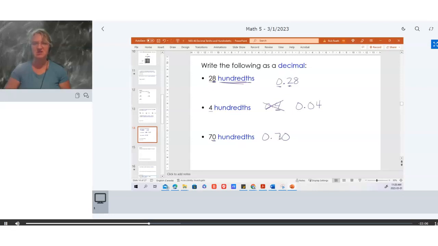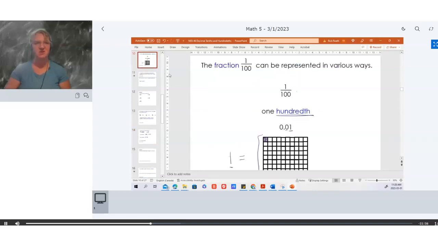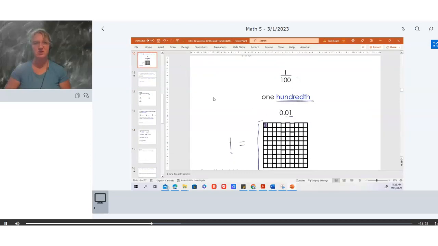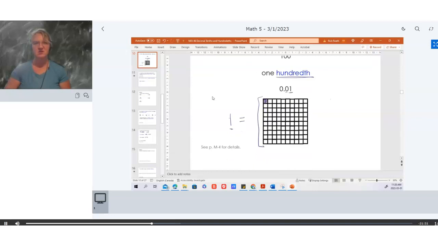Think about what it is. Think about how many of those tiny squares would be colored in. Here, 70 of the tiny squares. If we had a square like this, where we showed 1/100th, if we had 0.70 or 70 hundredths, then that means 70 of the squares would be colored in.